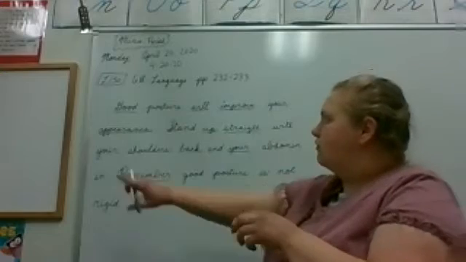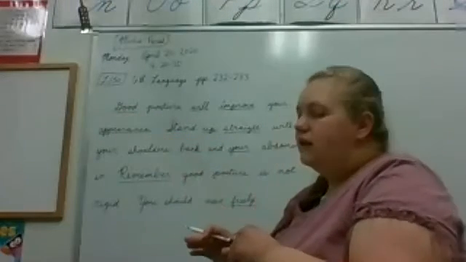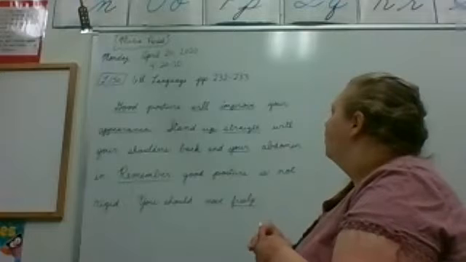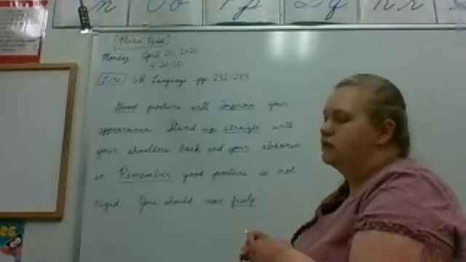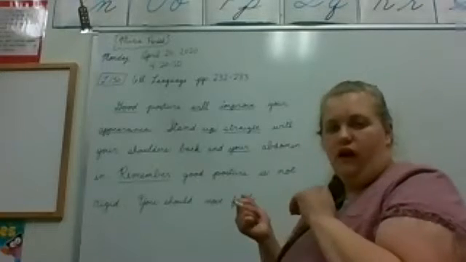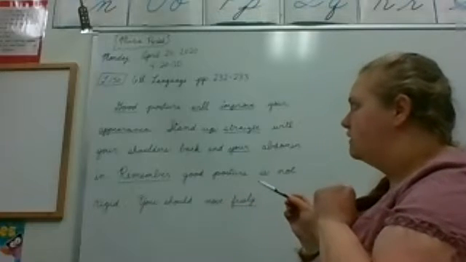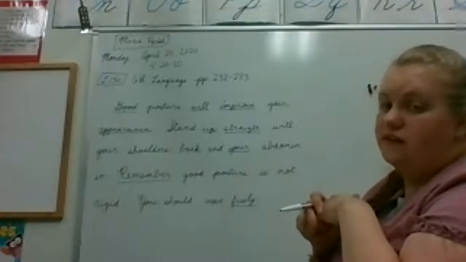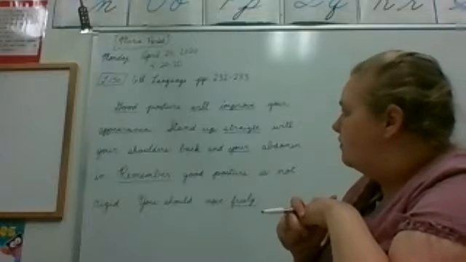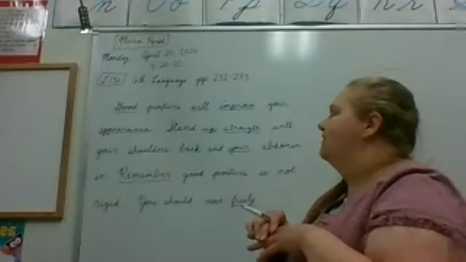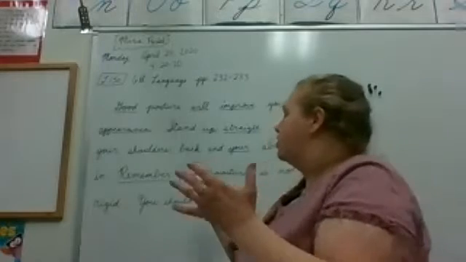So good is the first one that's underlined. And what is good doing in this sentence? Good posture will improve your appearance. All right, and we should also see if we can label our subjects and verbs, and that may help you in knowing some of these parts of speech. So what is this first sentence talking about? Posture. Okay, good.